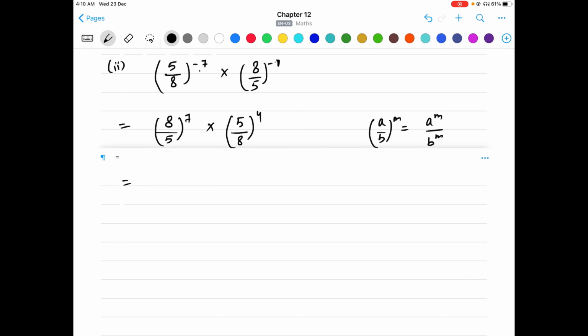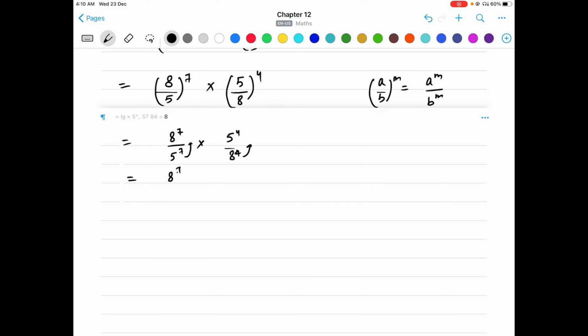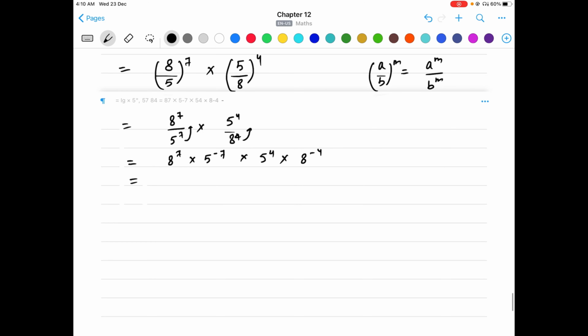So same we are going to do here, that is, we can write this as 8 power 7 divided by 5 power 7, and we can write this one as 5 power 4 divided by 8 power 4. Now we'll shift both of these numbers. So it will be 8 power 7 multiplied to 5 power minus 7, and 5 power 4 multiplied to 8 power minus 4.